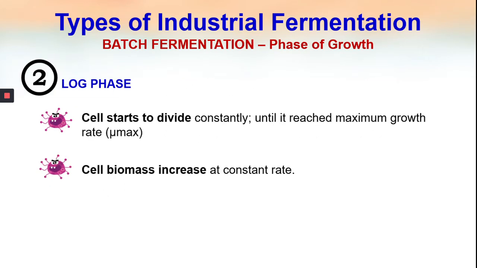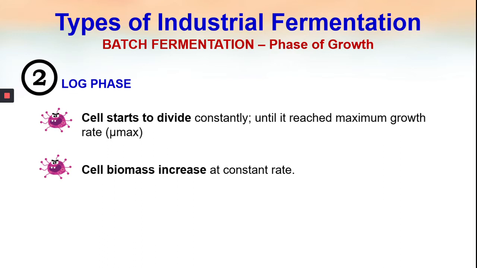If you still remember, generation time means the amount of time required by a microorganism to double itself. Each microorganism will have a different generation time. For example, E. coli will double itself every 20 minutes.